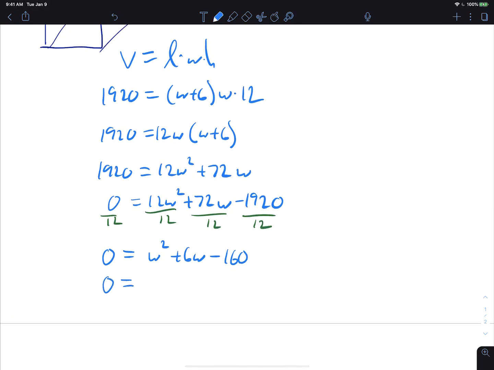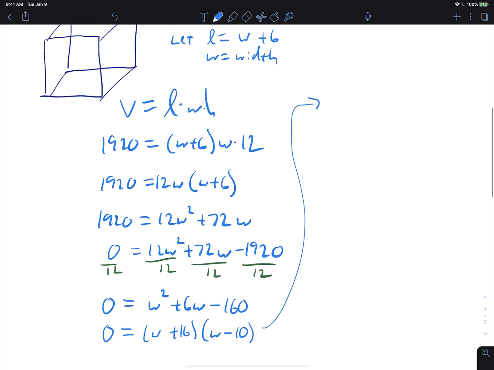So it gives us 0 is equal to W plus something and W minus something. The reason one's positive and one's negative is because this is a negative. What multiplies to 160 that has a difference of 6? Well, that'd be 10 and 16. And since the 6 here is positive, that means that the 16 is positive and the 10 is negative. And this is simply going to give us the following two equations.